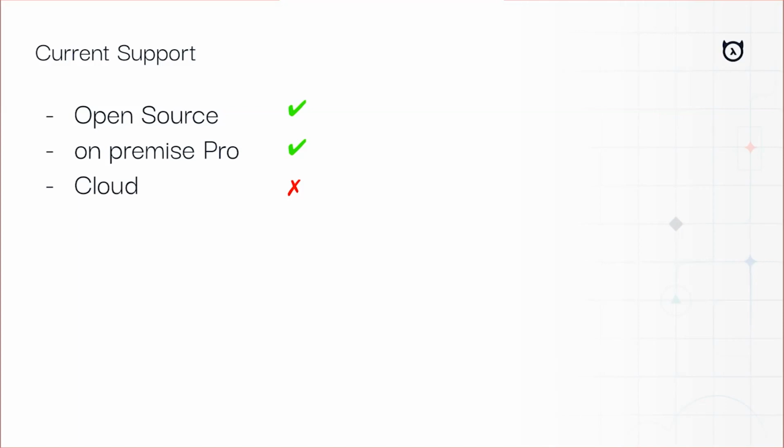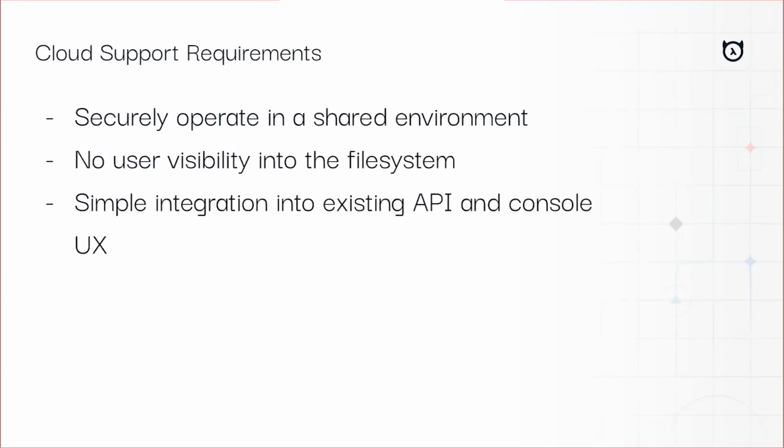It adds to the security of your whole connection, and it's a really good feature to have. So we wanted to find a way to do that. The basic requirements for any implementation were that it needed to work securely in a shared environment, where the user had no visibility into the file system and didn't have to worry about the file system, logs, where things are stored, or the security of their certificates.